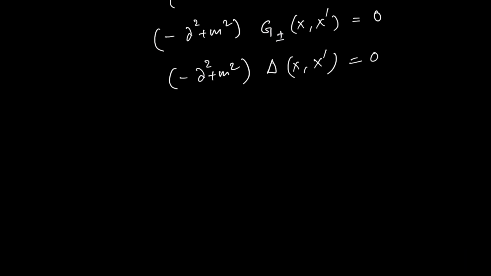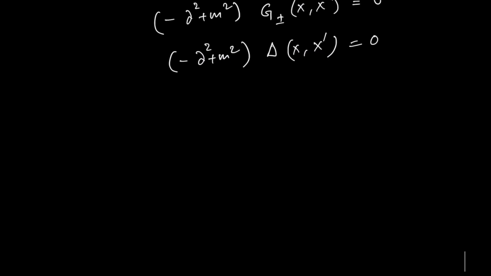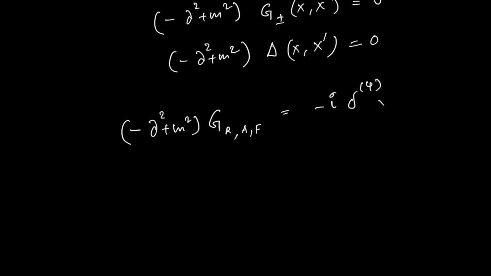whereas GA, GR, GF, the advanced, retarded and the Feynman functions, okay, they do not obey the classical equations of phi. They obey something like del square plus m square acting on G, it can be retarded or advanced or Feynman. Okay, they all lead to the delta function, the 4-dimensional delta function.